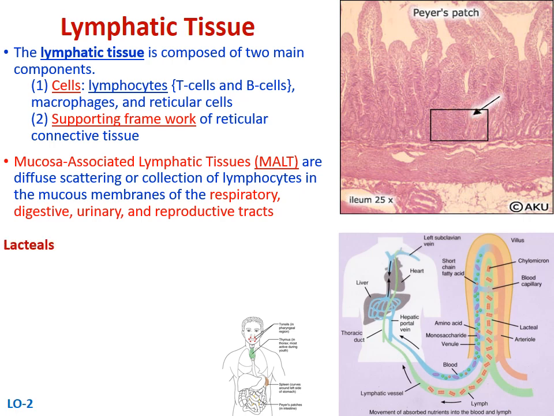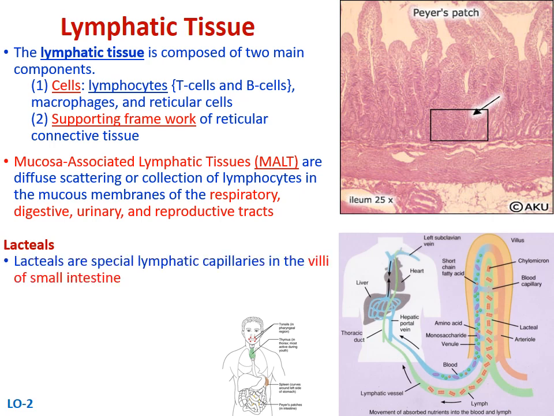Then we have lacteals, which I named earlier. Lacteals are the capillaries present in the small intestine. You have studied the intestinal trunk. Lacteals are specialized lymphatic capillaries in the villi of the small intestine.